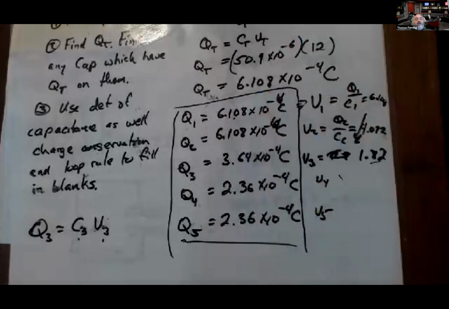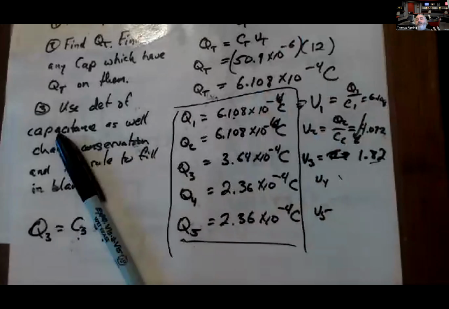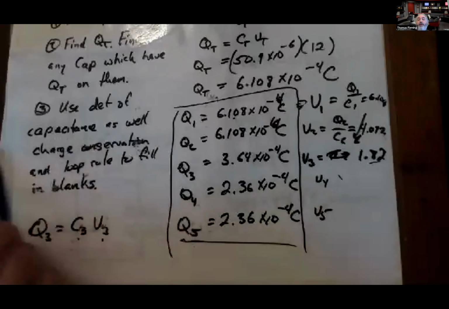So for this kind of problem, what's going to happen is once you get to step 3, the process is going to depend on the particular shape of your circuit, the particular arrangements, and you just kind of have to play it by ear and look for targets of opportunity. But you're always using a combination of 3 rules.